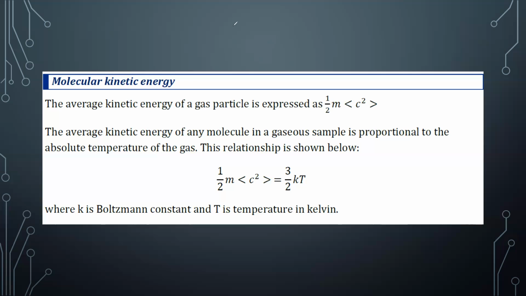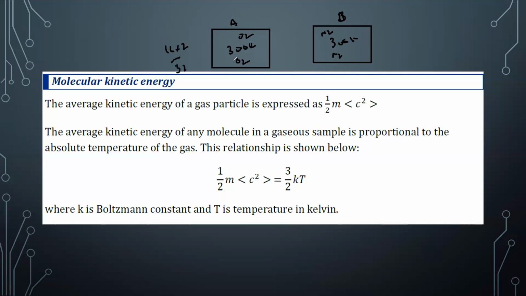So if we have two containers at the same temperature, for example 300 Kelvin, this is also 300 Kelvin, we have two gases inside containers A and B. In container A, we have oxygen, O2, and in container B, we have nitrogen. The mass of oxygen is 16 times 2, so 32. The mass of nitrogen is 14 multiplied by 2, so 28.